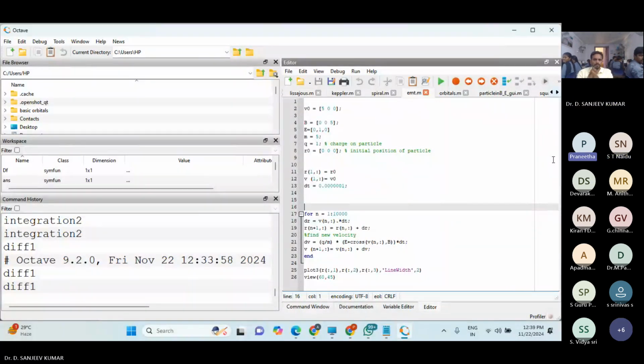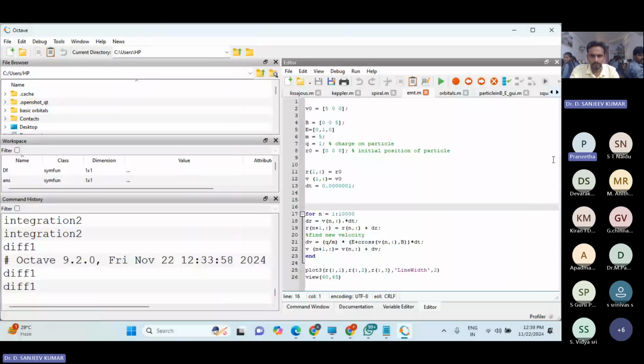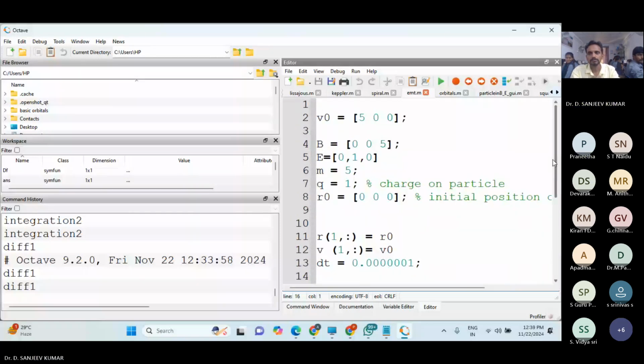Here I'm trying to solve charged particle motion in perpendicular electric and magnetic fields. The velocity of the particle is along the x-axis. I'm considering the initial velocity to be 5 units along the x direction.